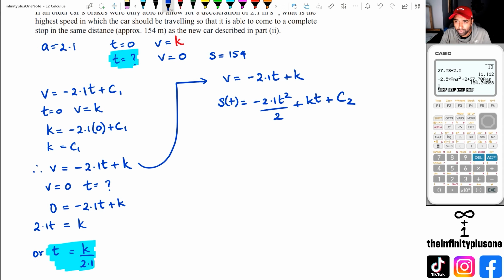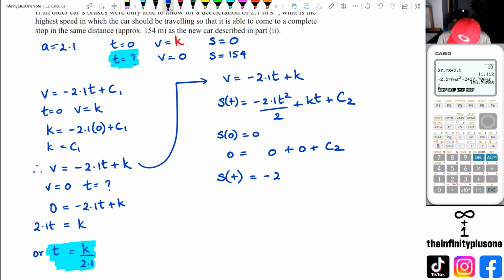Now we know that when t is equal to 0, right at the beginning, s was equal to 0, just like how we did in the first part of the question. So because of that, s of 0 is equal to 0, so 0 is equal to 0 plus c2, and we've got s of t equals negative 2.1 t squared over 2 plus kt.